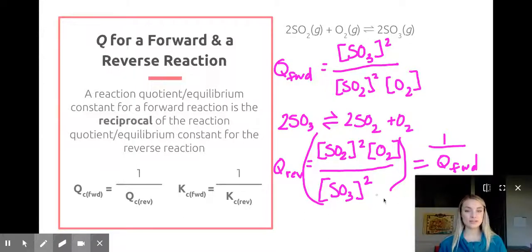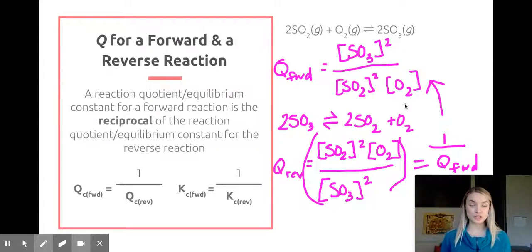I would simply invert what's in my denominator and my numerator, and I would get that. So hopefully this is a pretty clear relationship between the forward and reverse reactions. We're simply switching what our products and reactants are, and therefore our reaction quotient will be very different based on whether we're looking at a forward reaction or a reverse reaction.